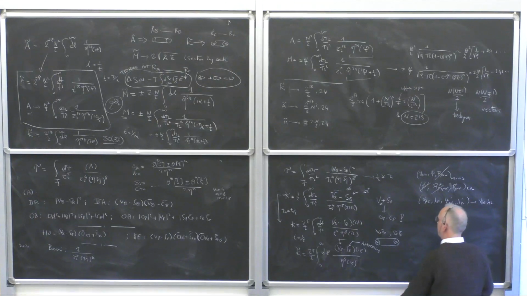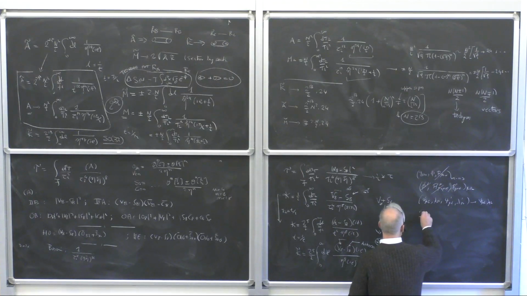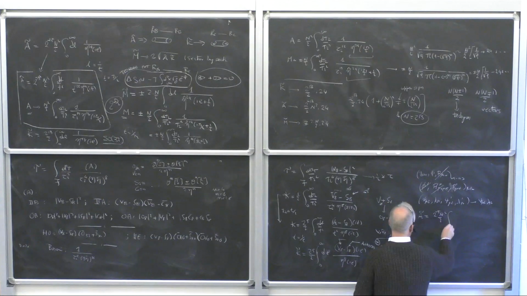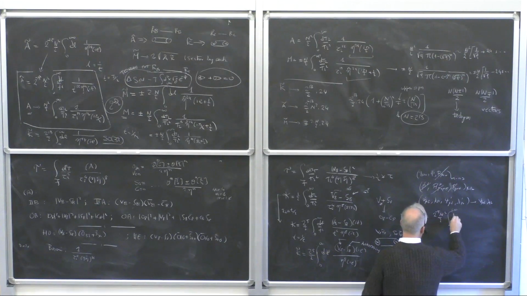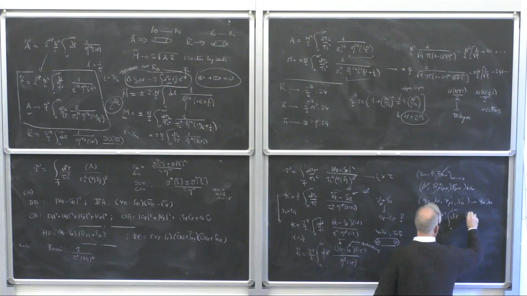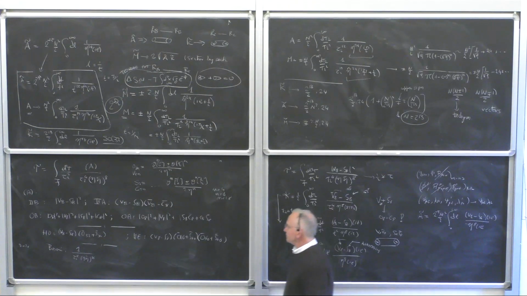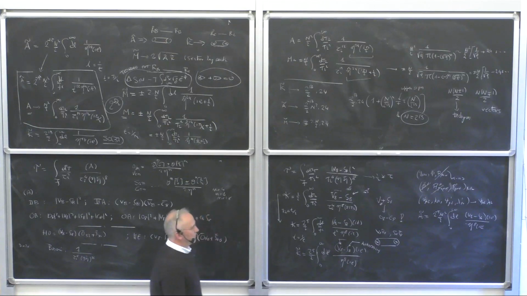Well, we define an annulus amplitude, which I normalize like this. It's just a definition of n if you want. I define an annulus amplitude like this.